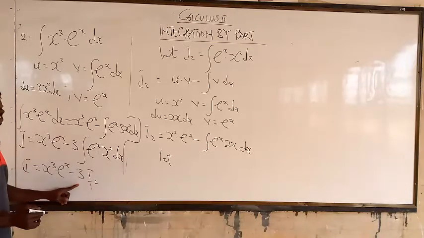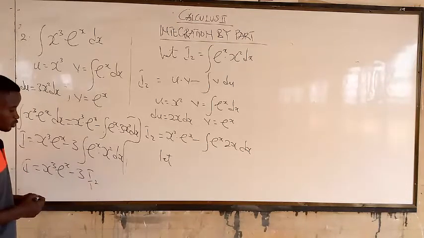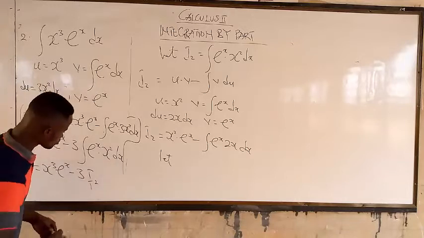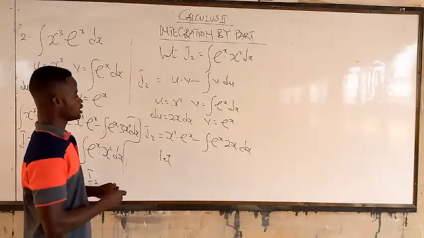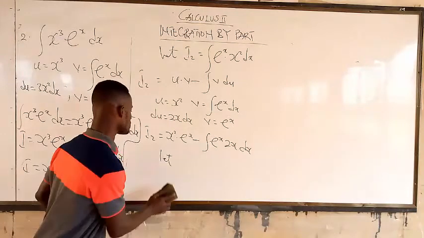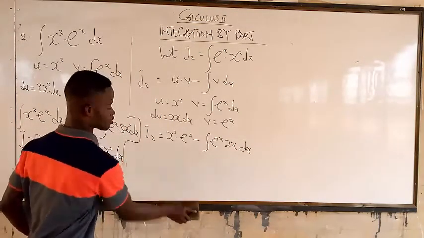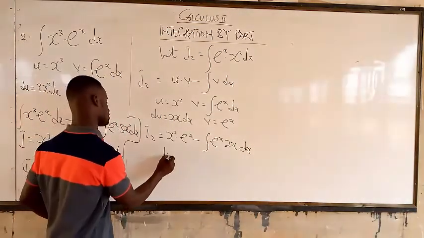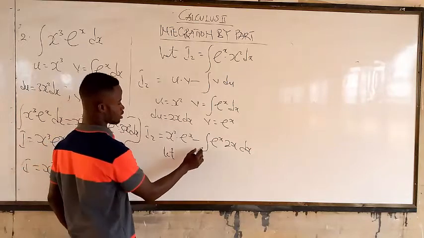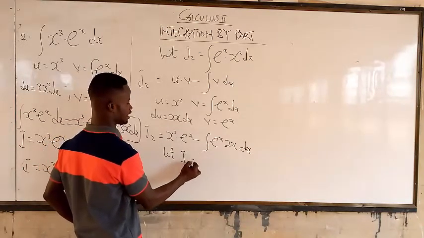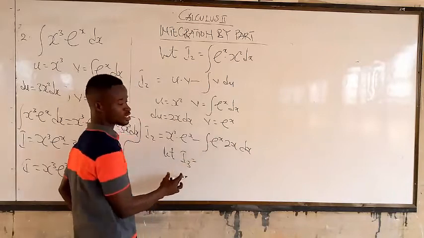How you can see that? Very good. That represents I2. So now, here too, let I3 represent the whole of this.